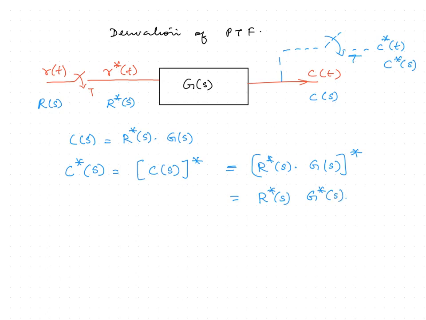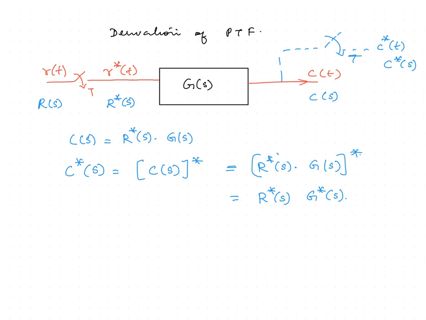And here we can see that once sampling is done, then whenever you sample it again and again, the same samples will be obtained. That is why R star of s star is equal to R star of s. If you keep on sampling again and again, we get the same thing. So, C star of s is equal to R star of s into G star of s.